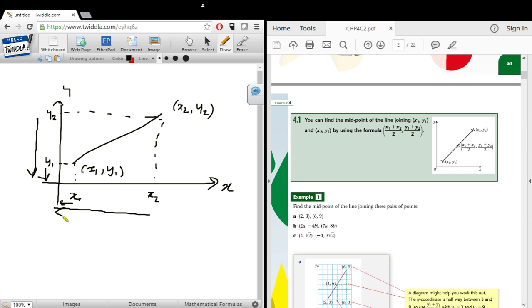Well, it only makes sense that to find the distance between these two lines, we would take the distance between x1 and x2, by adding them together and dividing it by 2.